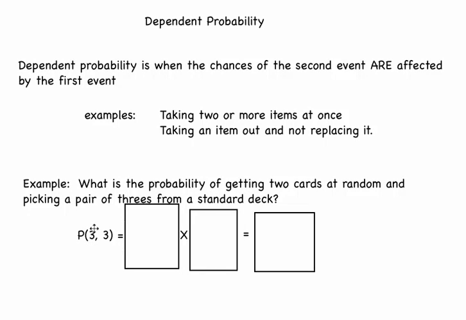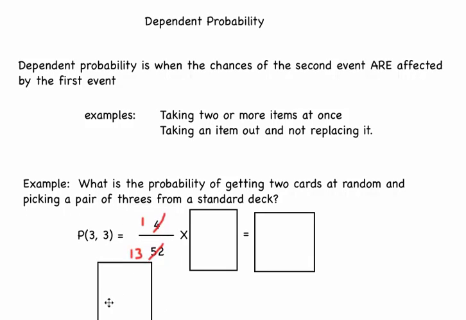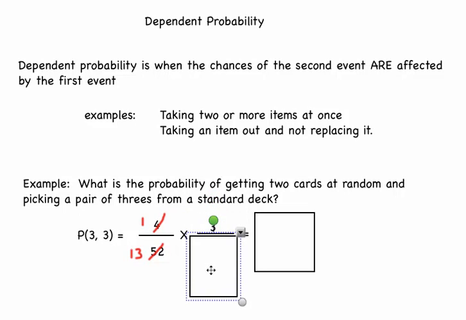Well, the probability that my first one is a 3, well, there are 4 3s out of 52. And as you could see, I've reduced it by 4 on the top and the bottom. The second one, there are now 3 3s left in the deck because I've already picked out 1 3. So the probability of the second one getting 3 is now there's going to be 3, but since I already have this card out, there's 1 taken away. There are 51 cards left.